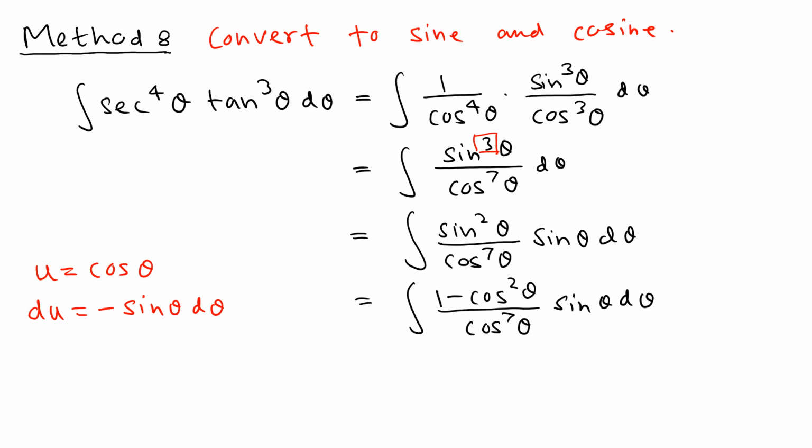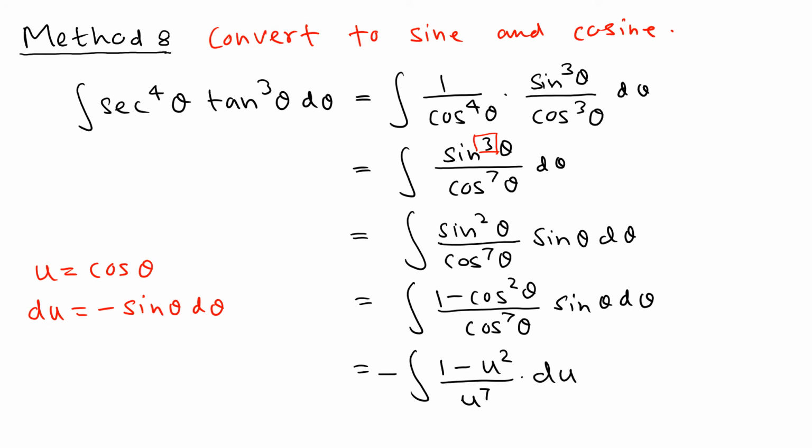So we can substitute now. It's going to be 1 minus u squared over u to the 7th, and sine theta d theta means negative du, so you can put the negative sign outside and write this as du.